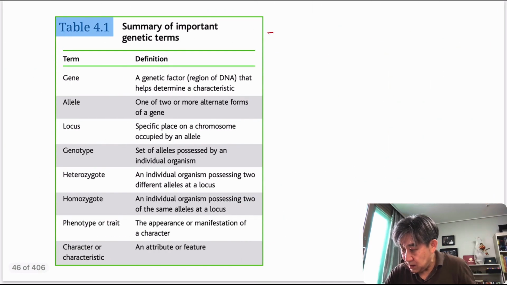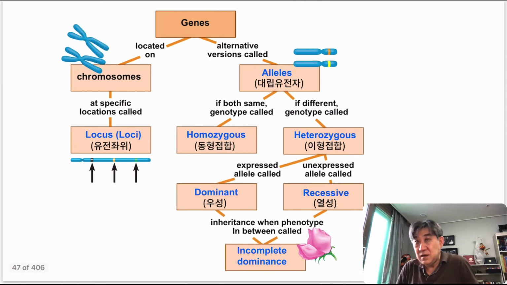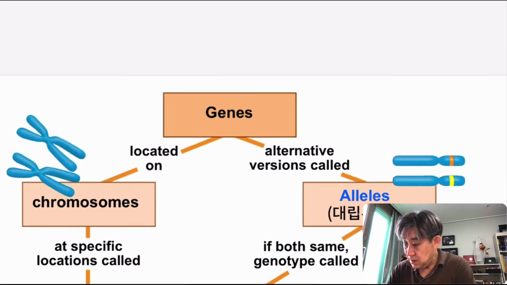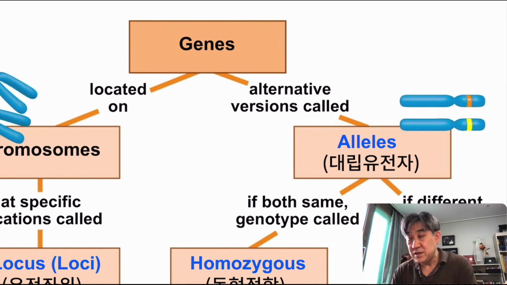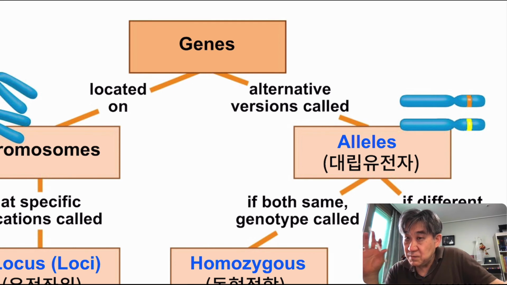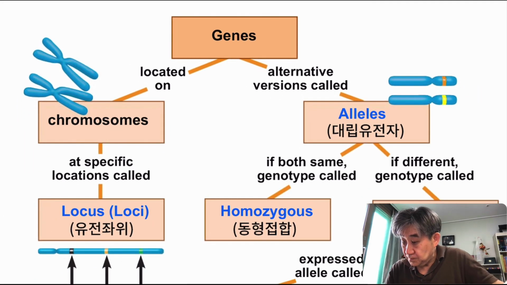Although here I have provided some terminology definitions based upon such classical genetics, I can actually offer another way of explaining this using this diagram. For example, genes: although we are going to define the gene shortly in terms of molecular biology or molecular genetics, purely from the classical Mendelian viewpoint, we all know that genes are on the chromosomes.